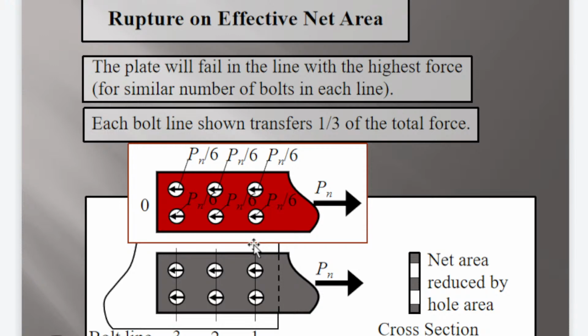Which one is the most susceptible? The region which is near to the load. If you cut off, that is the region which will matter most. We have to focus on it.